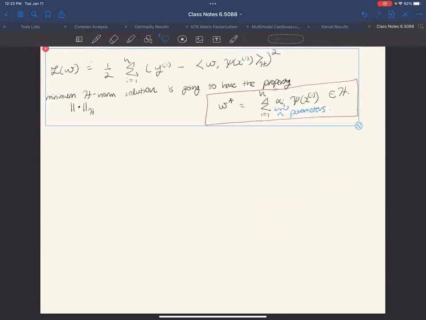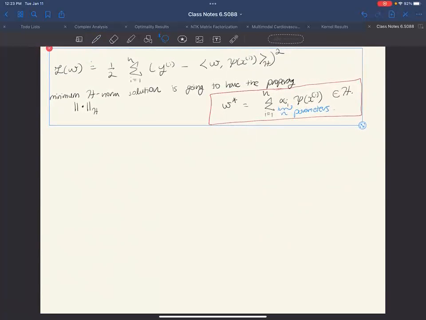Okay, so we have our loss, we have our solution, and we have some property of the solution that we care about. So let's rewrite what happens if I plug this W star in.